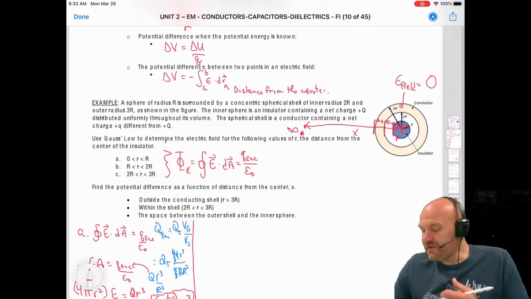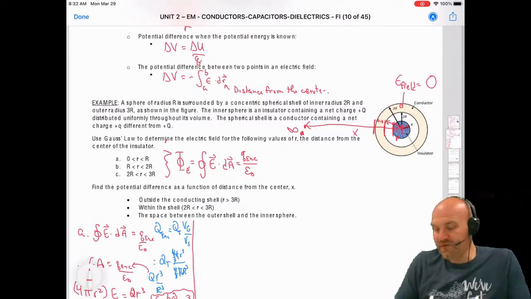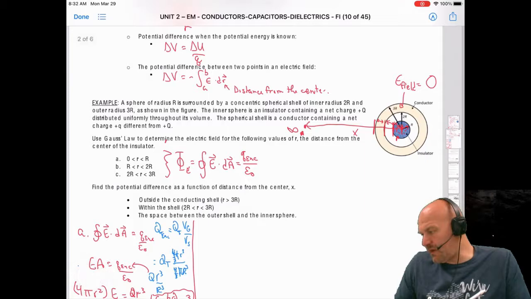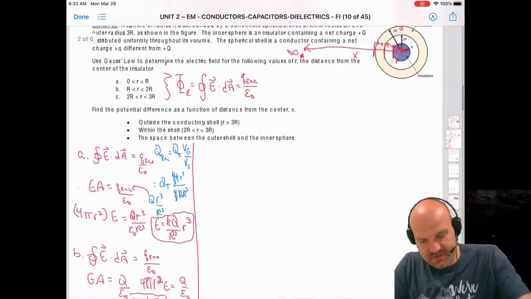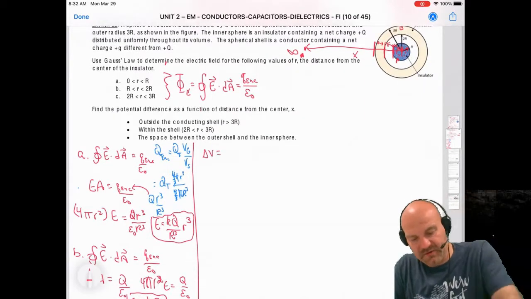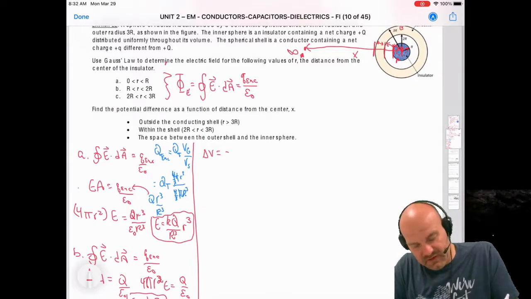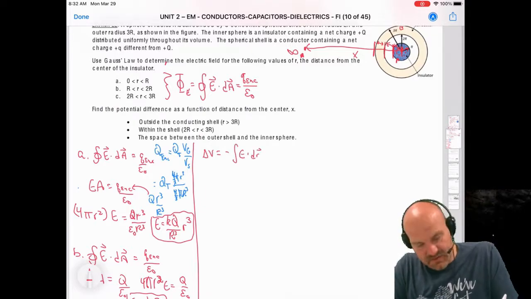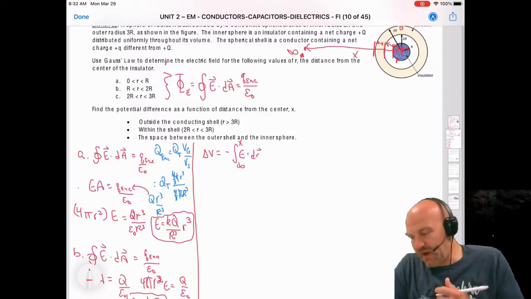Okay. And so for the first bullet point, we're going to use our integral. We're going to say delta V equals negative integral E dot dr, and we're going to go from infinity to x.